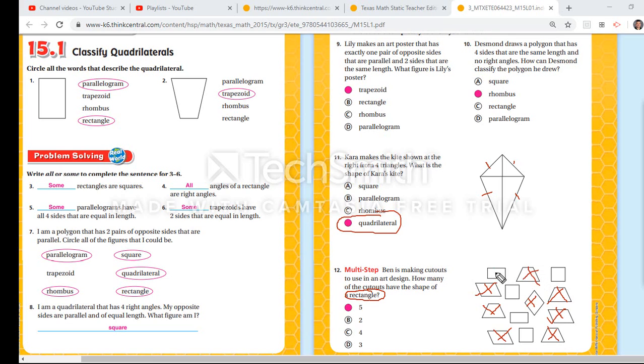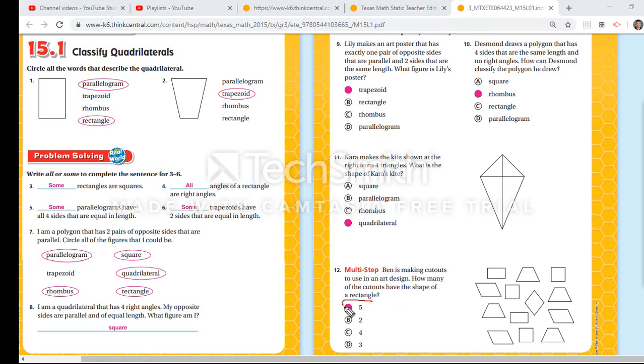What's left over? 1, 2, 3, 4, 5. I was just eliminating the ones that I know do not have the characteristics of a rectangle. All four right angles, two opposite pairs that are parallel, four sides. So you only have 5 to use.